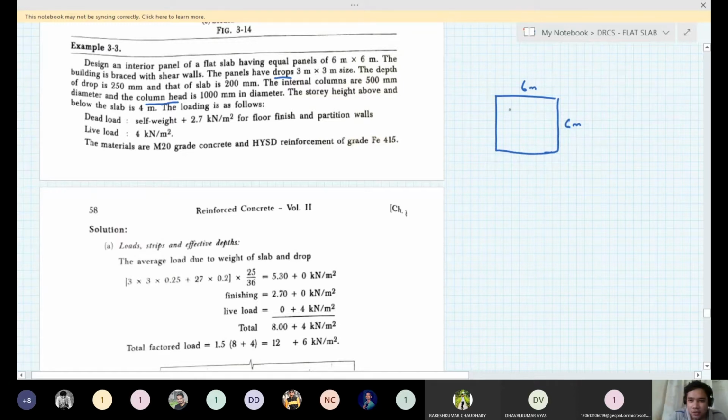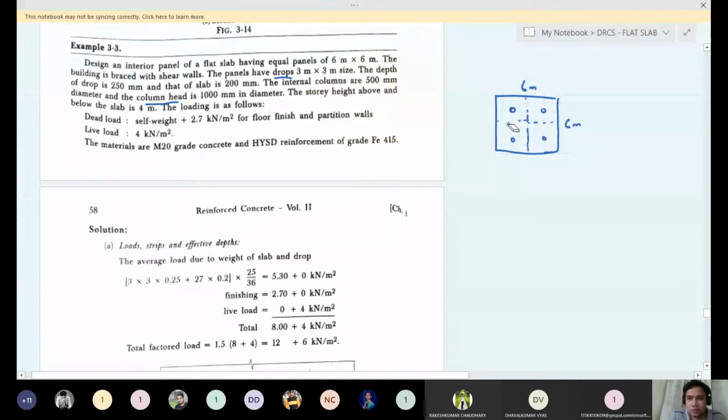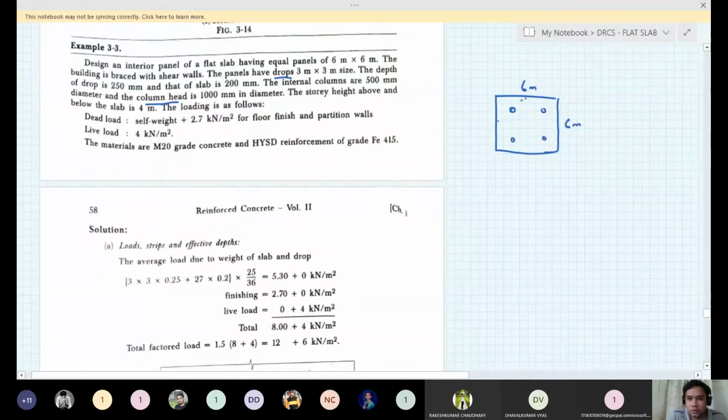So on each column we have a drop of size 3 meter by 3 meter. 3 meter means 1.5 on each side.